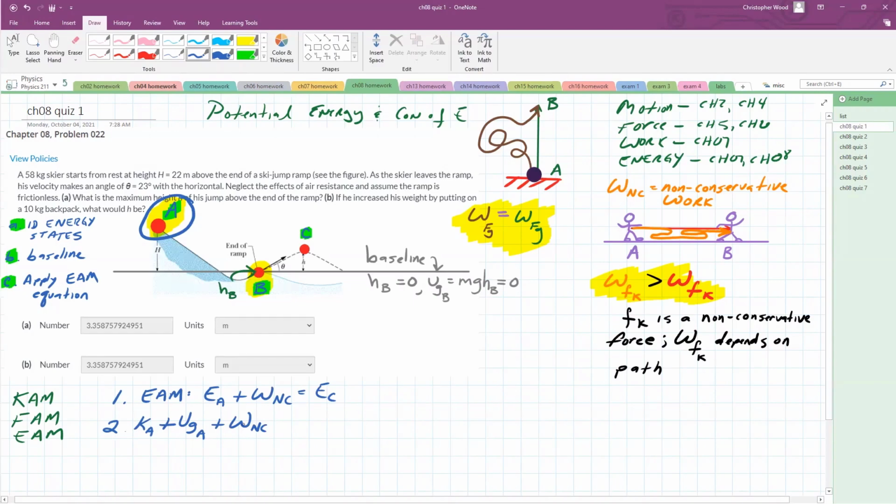It can add energy to the system or steal energy from the system. At energy state C, I might have some kinetic energy at C. I could have some gravitational potential energy at C. So let's just keep developing this. This is just conservation of energy.